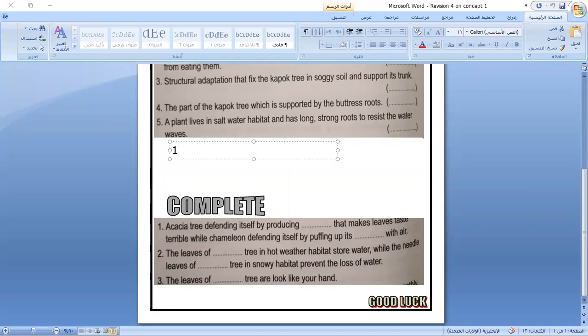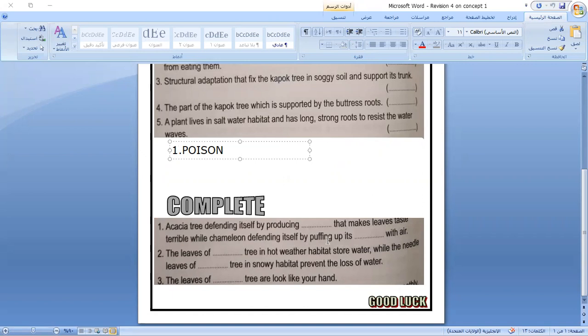Number 1 in complete will be poison, which can protect the plant from being eaten by hungry animals. So it gives bad taste to the leaves. And continue the question: while the chameleon defends itself by puffing up its body with air.